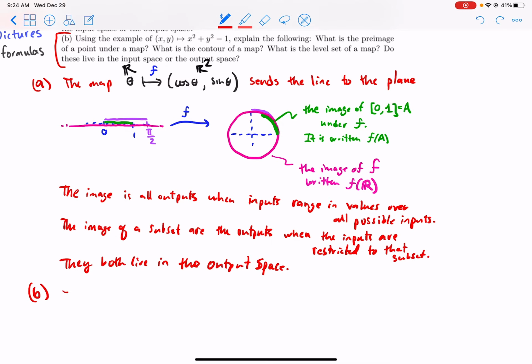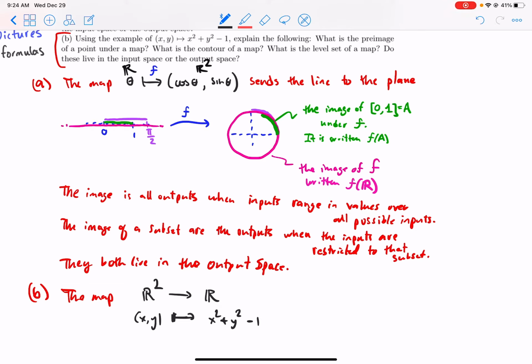So let's kind of start it the same way. The map, now I'll give back the formula that we're talking about here. It starts in R2 and sends it to R. It takes a point, if we name it x comma y, then it takes it to what number? Well, this number: square x, square y, add them, and then subtract 1. That gives you a number.